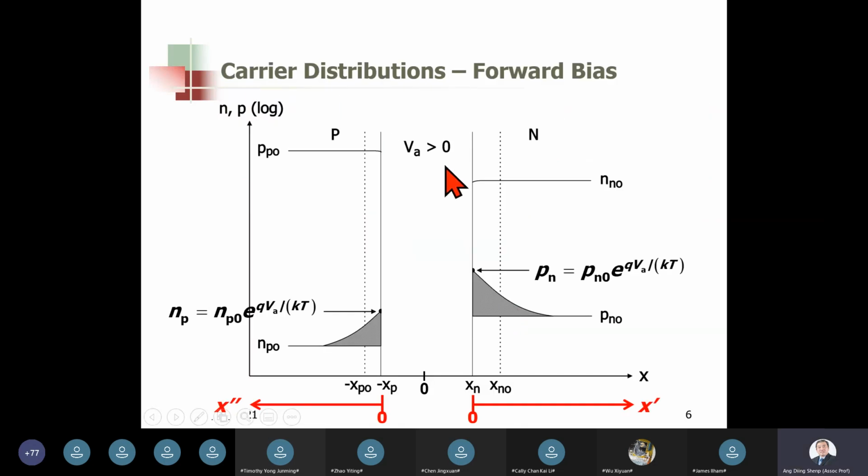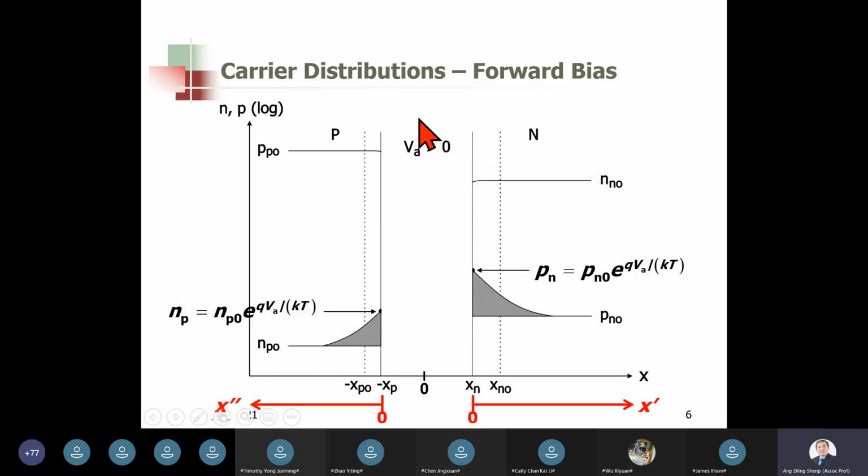Okay, before I begin solving the continuity equation, just a note on modified x coordinate. Okay, why do we want to do that? Now, as mentioned earlier, in order to simplify the solving of the continuity equation, we will only solve the continuity equation in the respective quasi-neutral region.